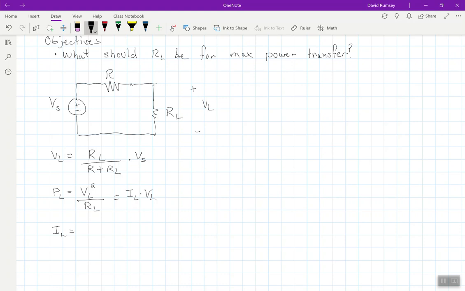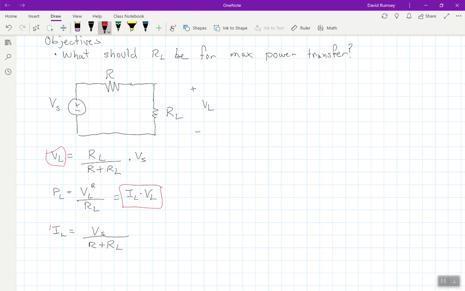The current of the load is simply, because this is a series circuit, VS divided by R plus RL.